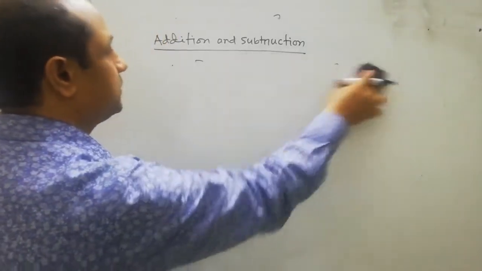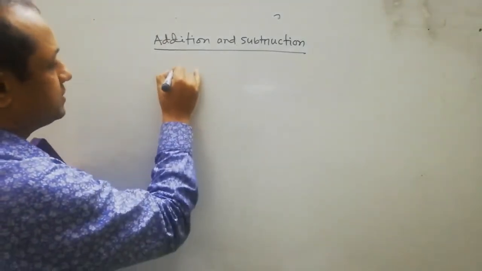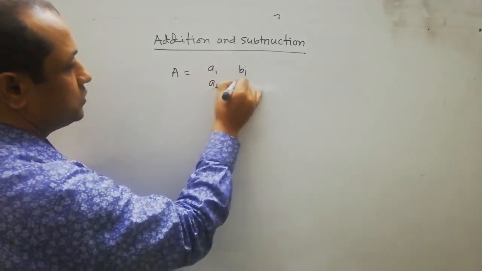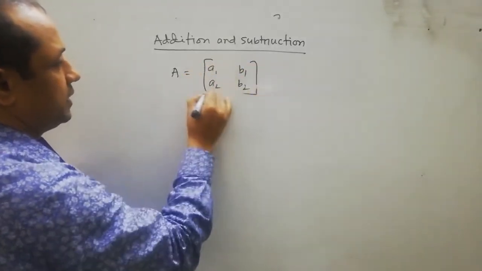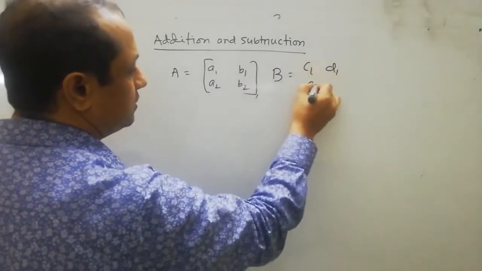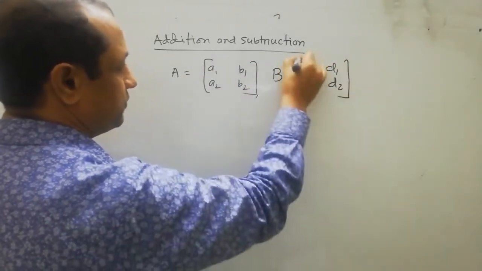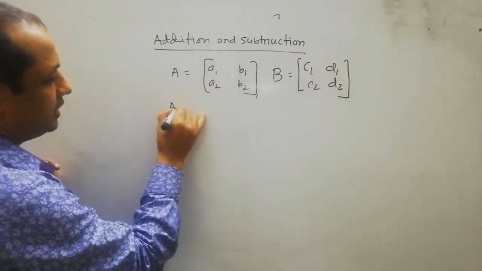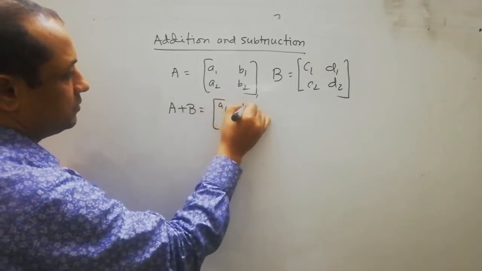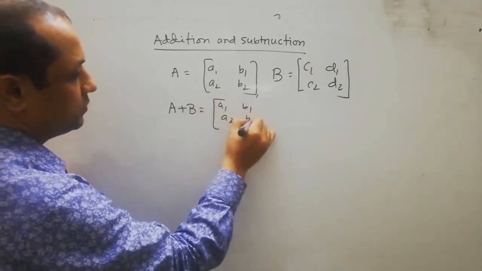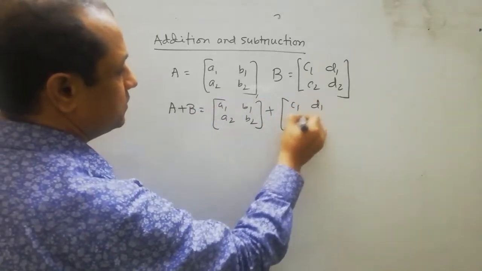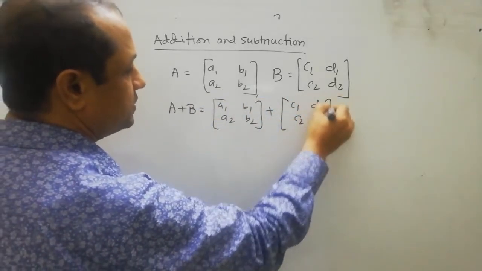Here is another example. Now matrix A is A1, B1, A2, B2, and matrix B is C1, D1, C2, D2. So addition, A plus B equals A1, B1, A2, B2 plus C1, D1, C2, D2.